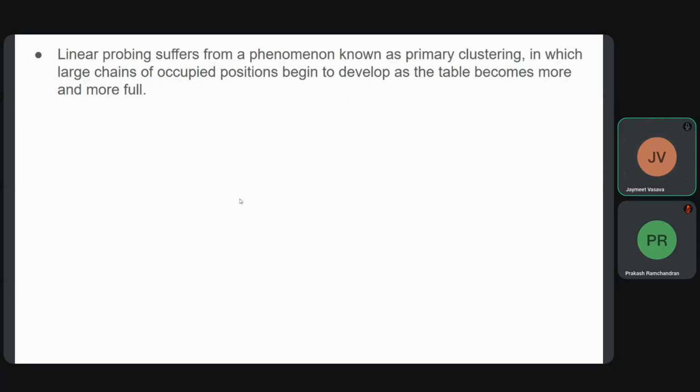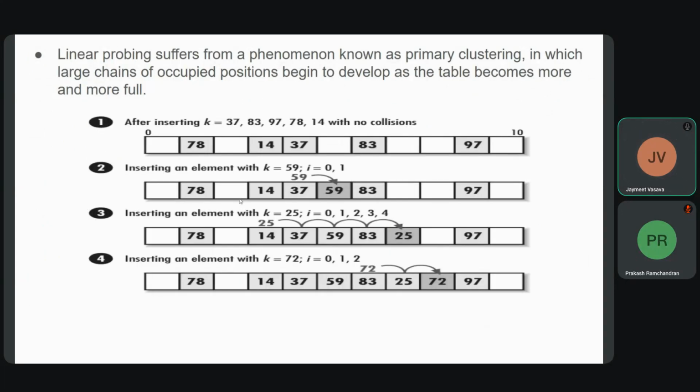So linear probing suffers from a phenomenon known as primary clustering, in which large chains of occupied positions begin to develop as the table becomes more and more full. You can see in the image down below that first we have inserted our elements 37, 83, 97, and then 78, 14.